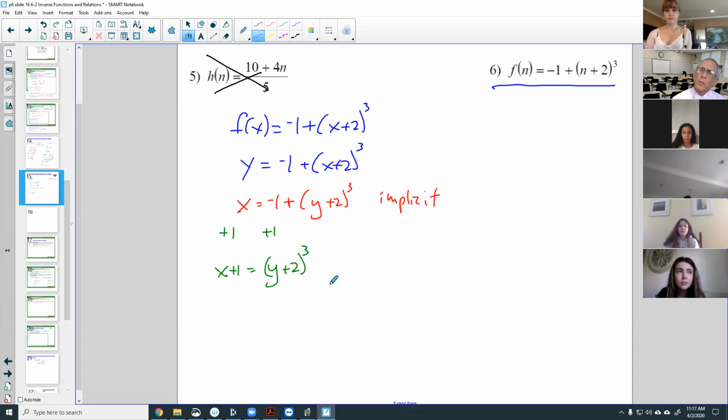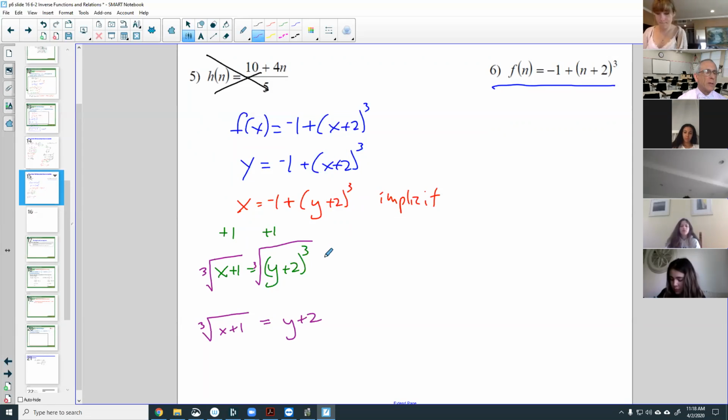So what I want to do is take a cube root of this side and a cube root of that side. Because then this gives me on the left the cube root of x plus 1. And on the right, the cube root of something cubed is simply what's under the radical sign. So I get y plus 2.